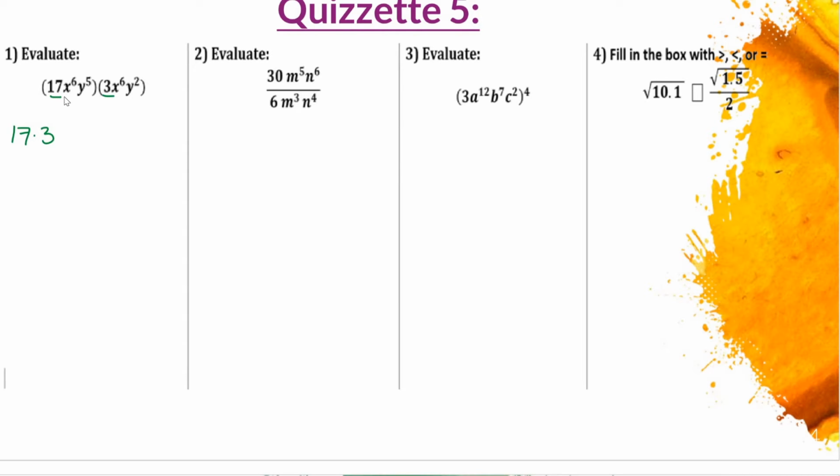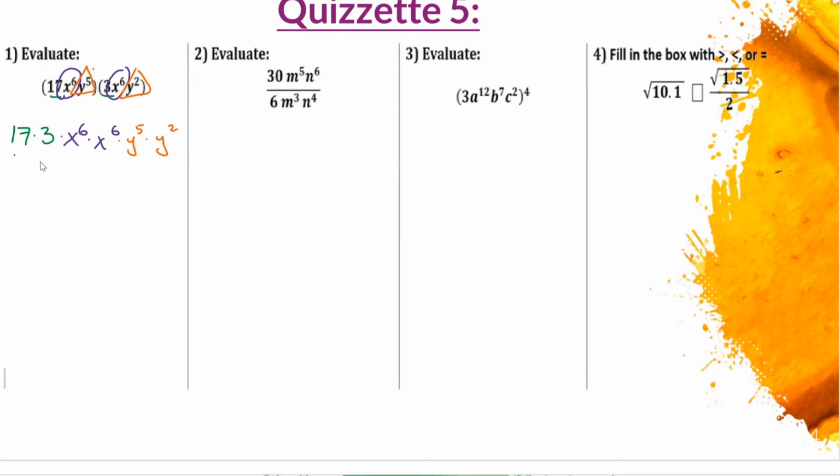Then we write down x to the 6th power times x to the 6th power. And then we group the y together: y to the 5th power times y to the 2nd power.